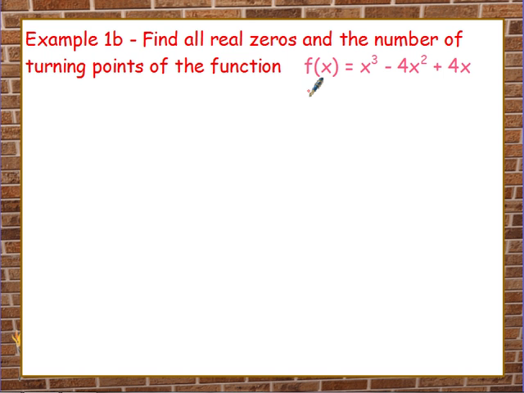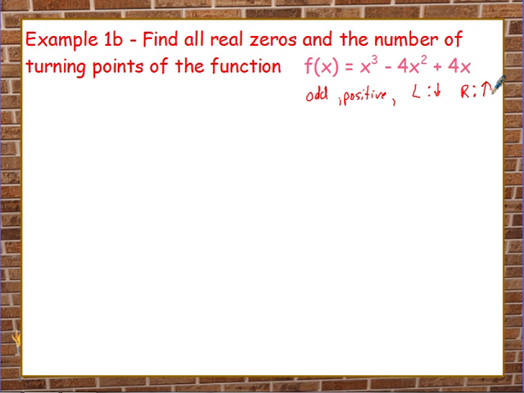Odd or even? Okay. Positive or negative? What's my left going to do? What's my right going to do? Left's going to be down and right's going to be up. So I already know what this is going to kind of look like before I even started.